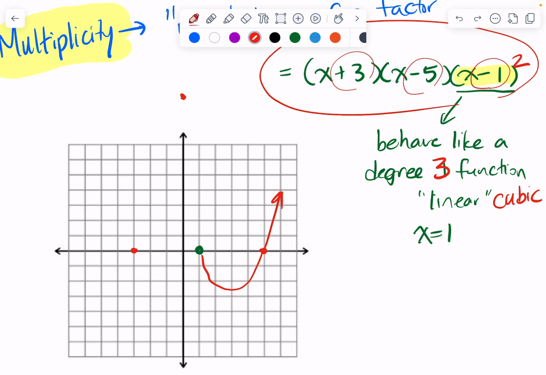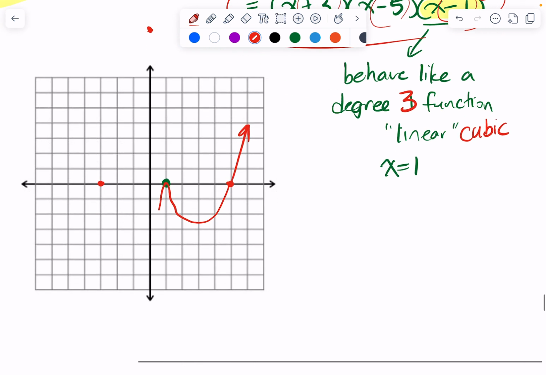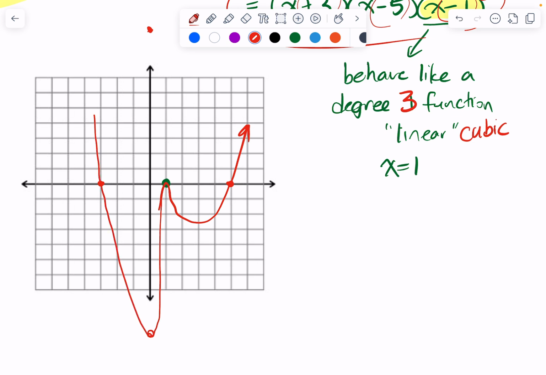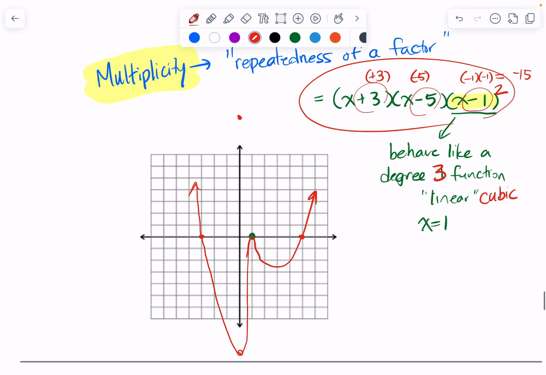Also notice that my y-intercept will have changed because it's going to be 3 times -5 times -1 times -1. So this is actually going to be -15 now as a y-intercept way down here. So it's going to bounce off that root, come all the way down, and then end and start in the same direction because it's an even degree function, and that makes sense.